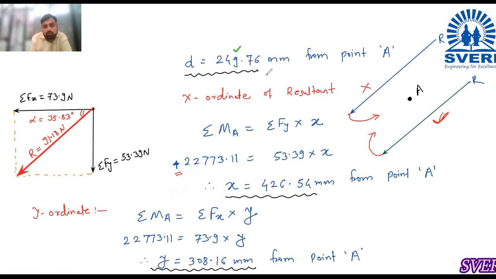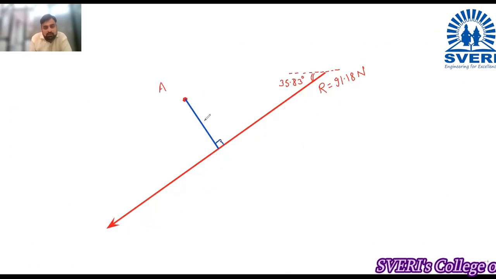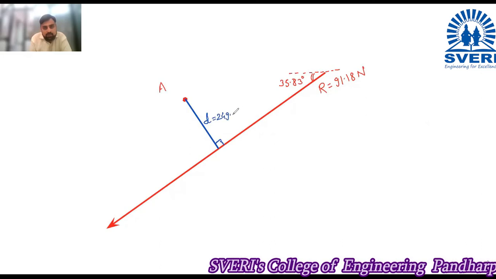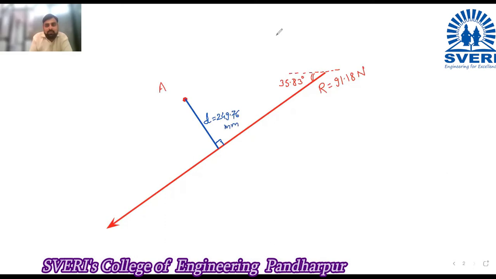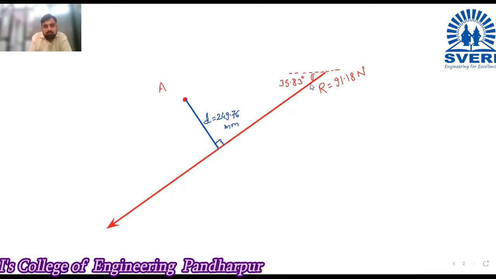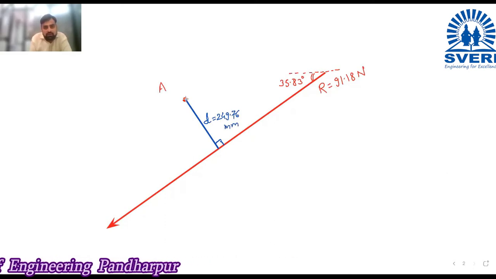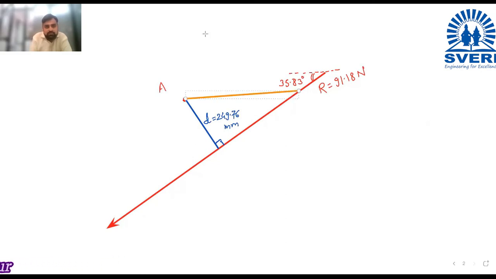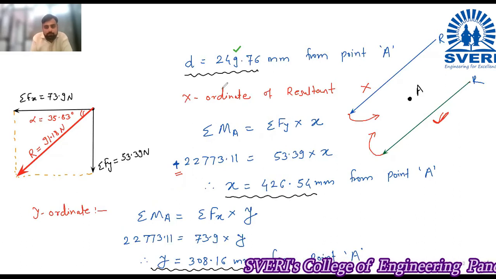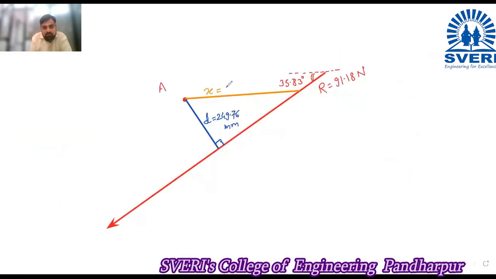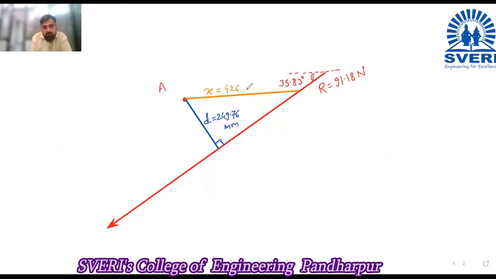Its value we have already calculated. D is 249.76 mm. Now the x ordinate is this one. This x distance is 426.54 mm.